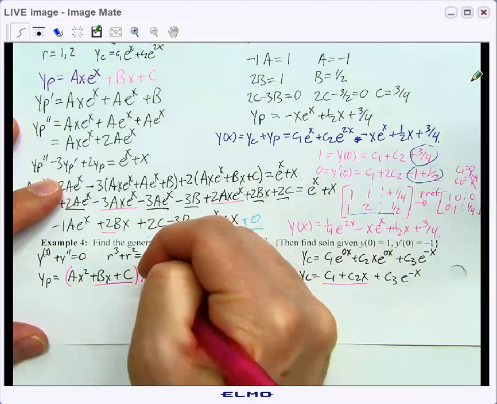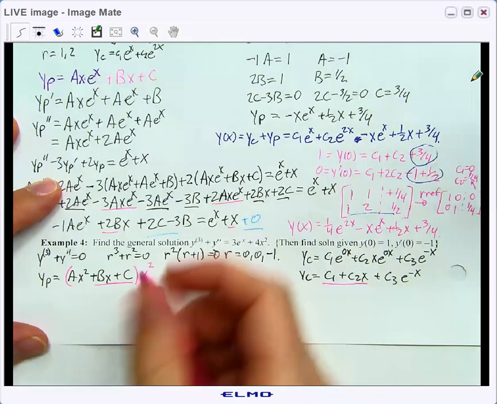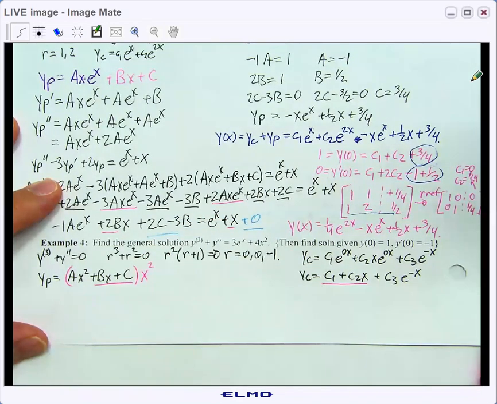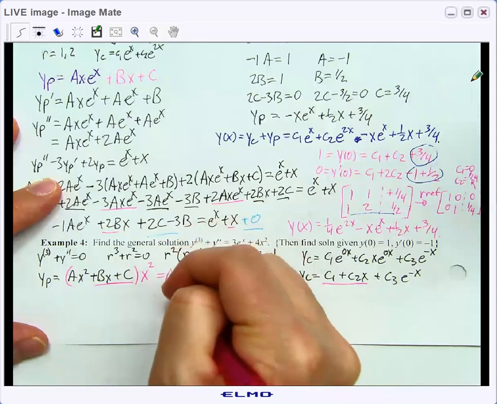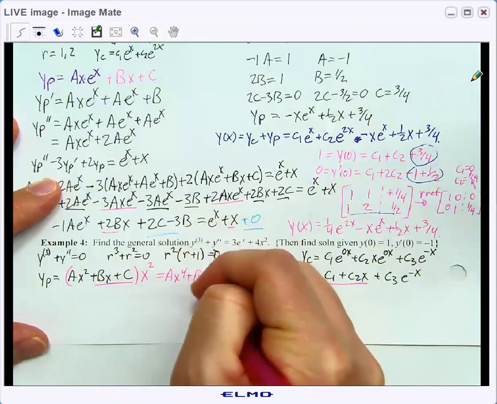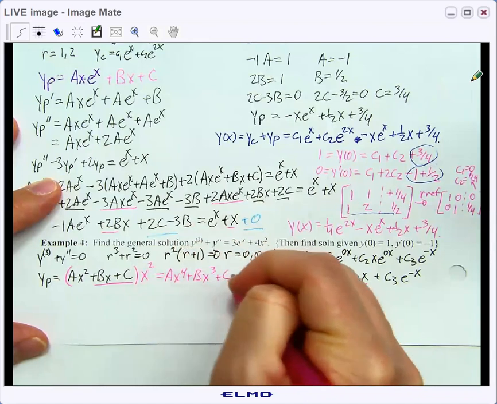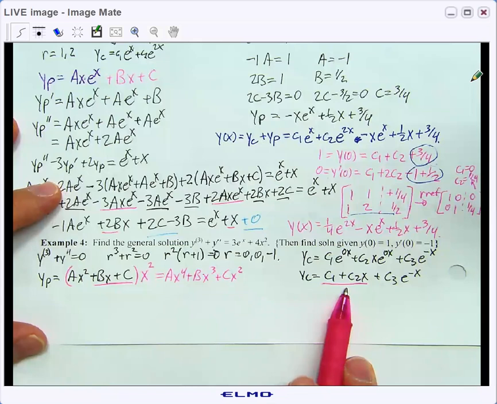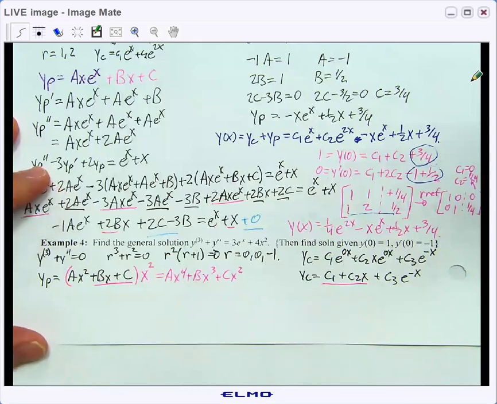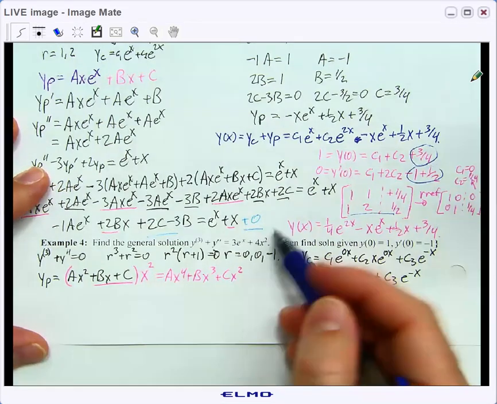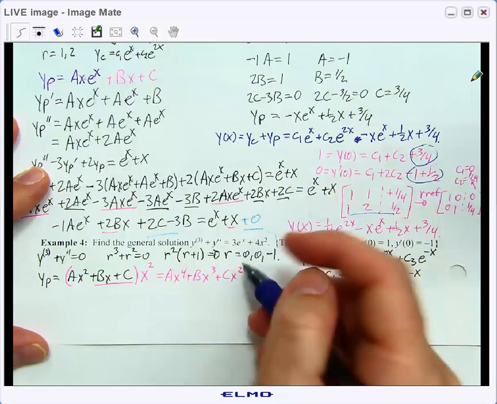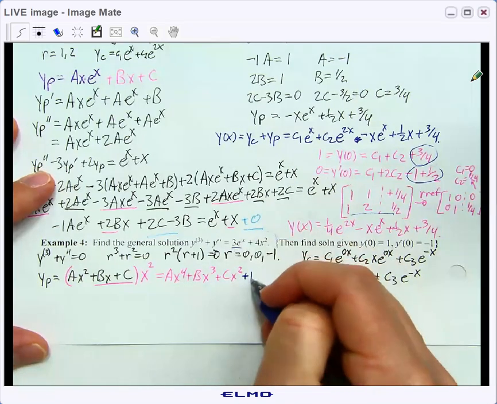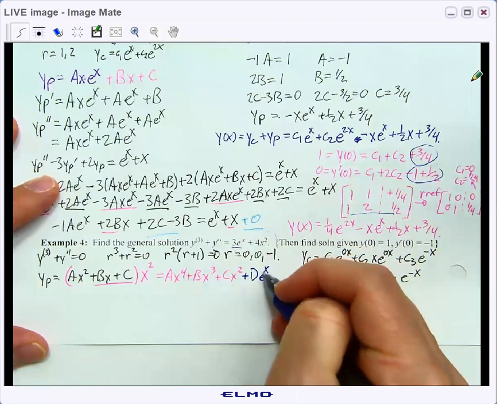We need to multiply by x² so that we have ax⁴ + bx³ + cx², which has no duplication with the complementary solution. And by the way, we also need to take into account d e^x.